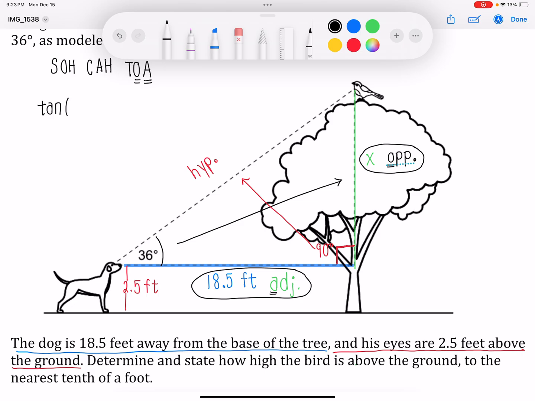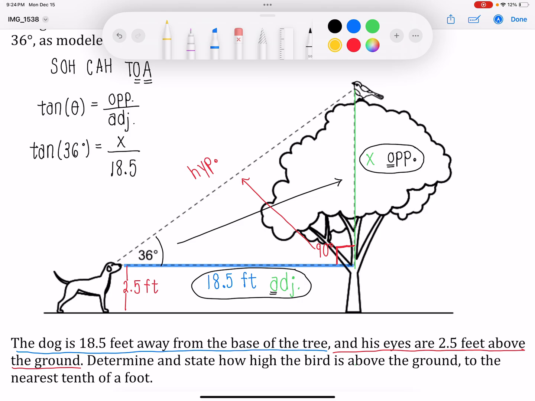So tangent of some angle measurement theta is going to be equal to the opposite side divided by the adjacent side. And now we are ready to plug in some information. So we know that our angle of elevation was 36 degrees. I will plug that in as theta. Our opposite side is x, and our adjacent side is 18.5.